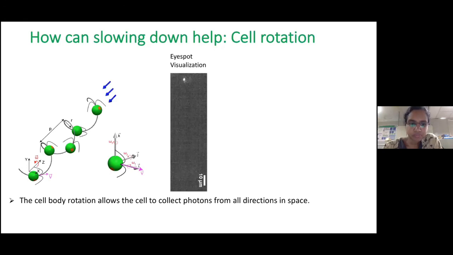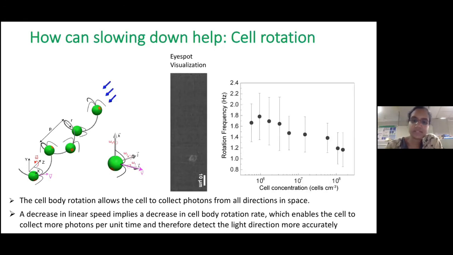What that tells us is that if you slow down a cell, its rotational frequency will also slow down. In fact, we can measure the rotation frequency as a function of cell concentration, and we do find a decrease in the rotation frequency.